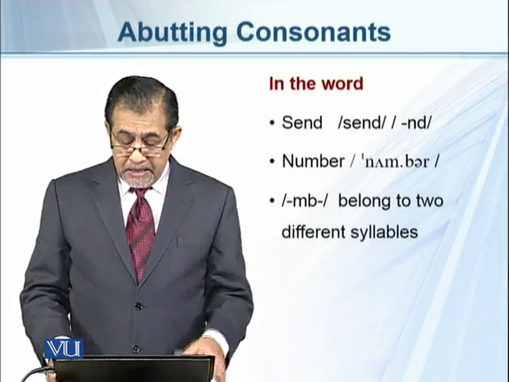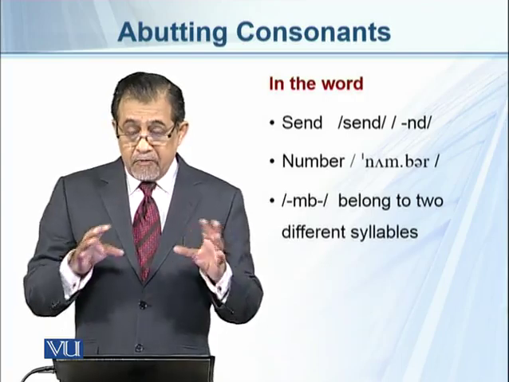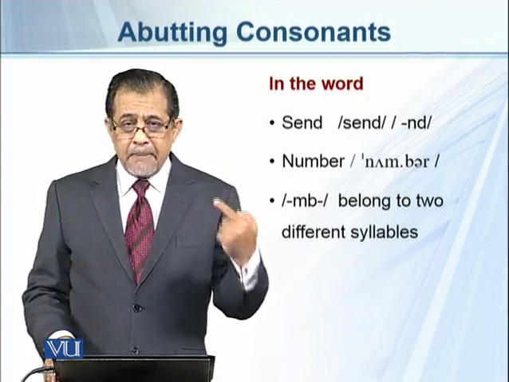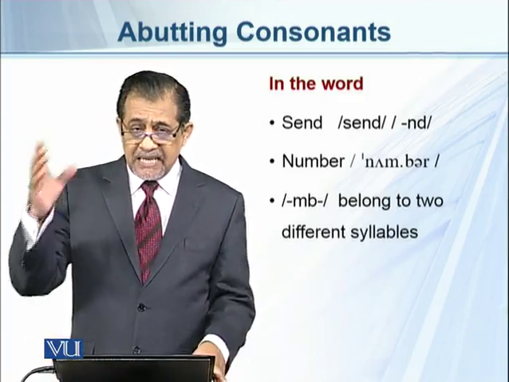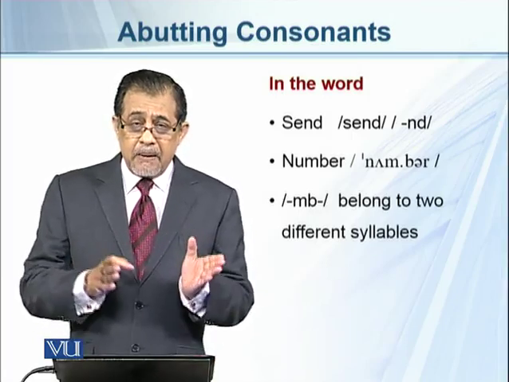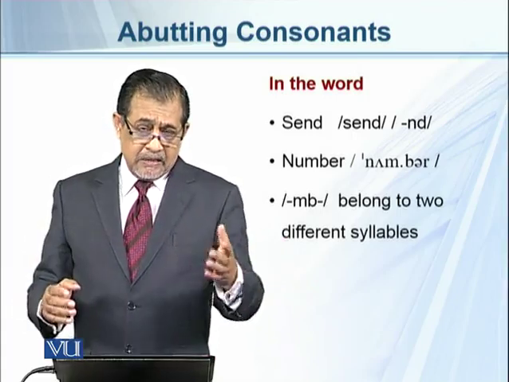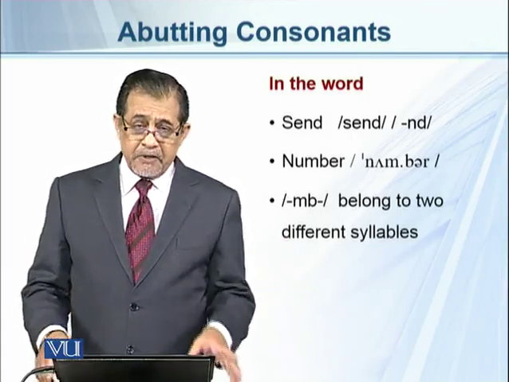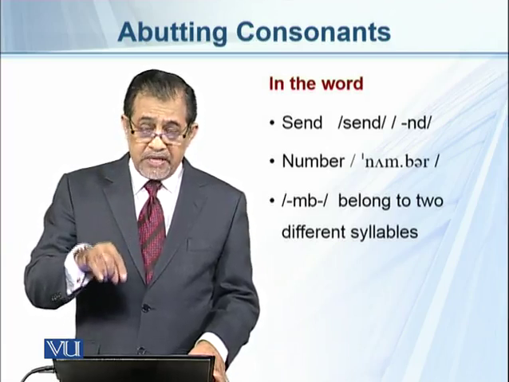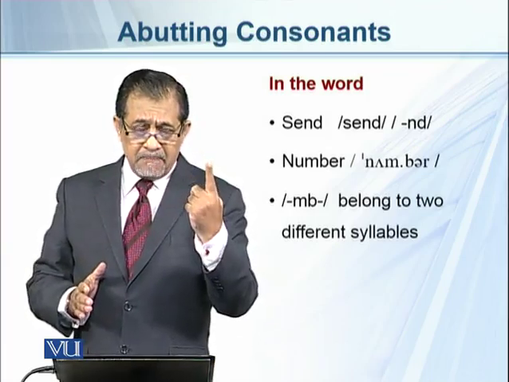But if we look at the word number, we find two syllables: one syllable ending with the m sound, num, and the second syllable starting with the b sound. And m and b belong to two different syllables, contrary to the first example, the word send, in which n and d both belong to the same syllable.